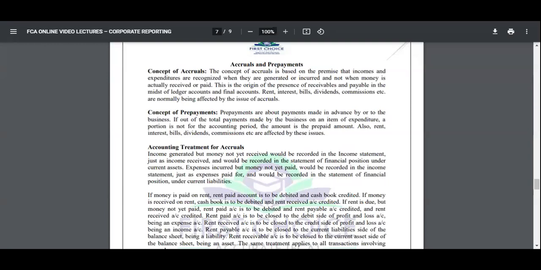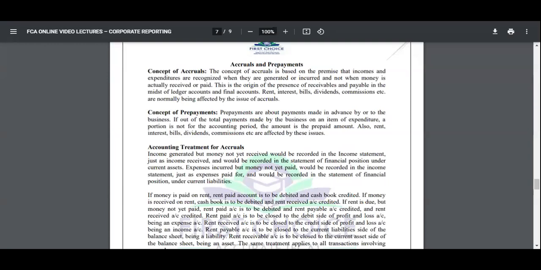What are we saying here? You are owing rent from July this year to June next year, for 1 year, at 120,000 naira.